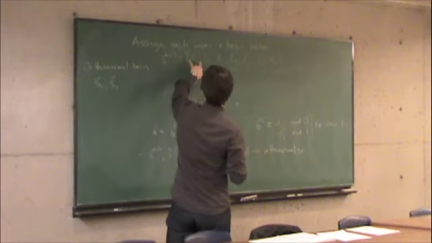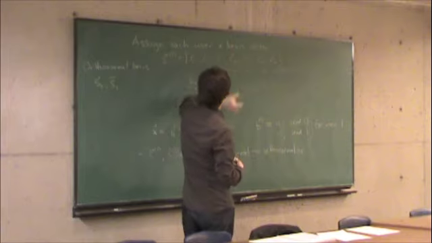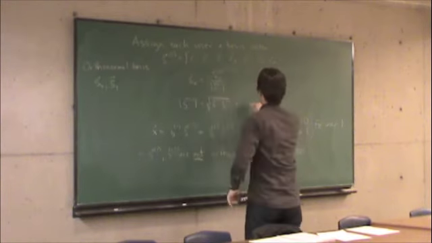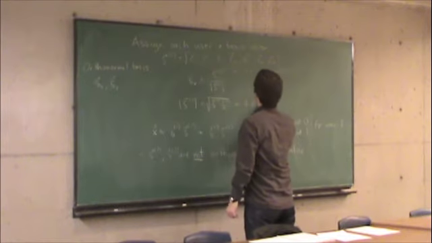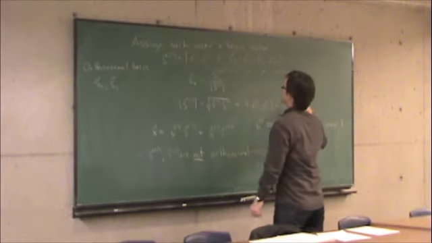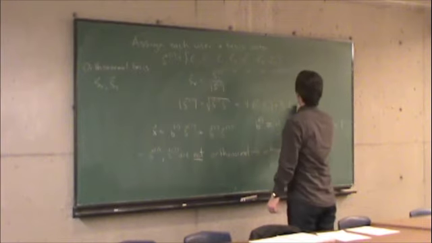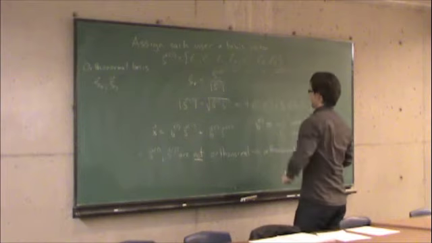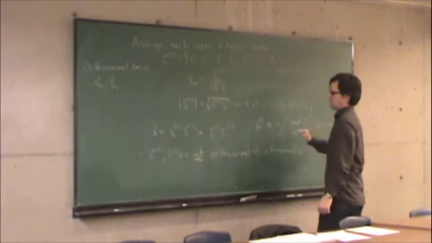I'm dotting this chip with itself, this chip with itself, and so on. So I have 4 C1s, so 4 times C1 dot C1, plus 3 times C0 dot C0, because there are 4 C1s and 3 C0s. Square root of that.